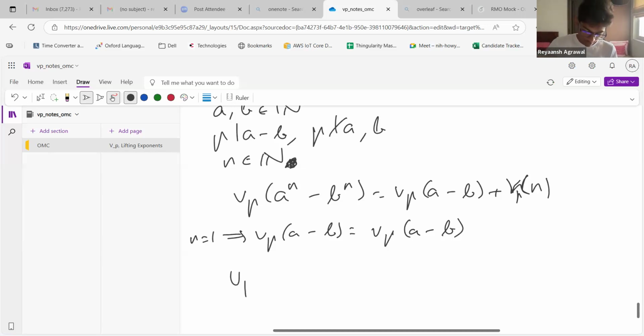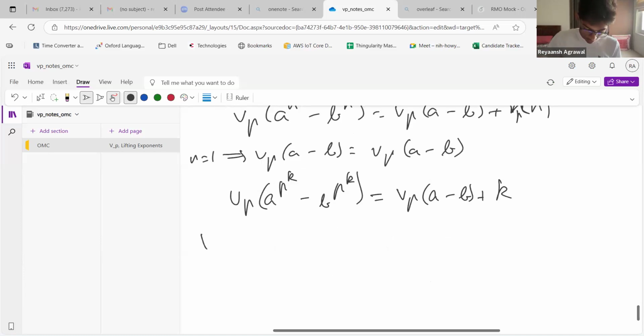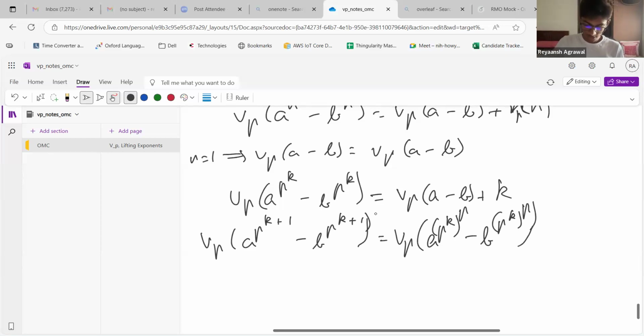Now note that if I have vp of a power p power k minus b power p power k is equal to vp of a minus b plus k, then if I want to show that vp of a power p power k plus 1 minus b power p power k plus 1 is equal to vp of a power p power k to the power p minus b power p power k to the power p, if I can show this statement for n equals p, then it would be pretty nice, right?